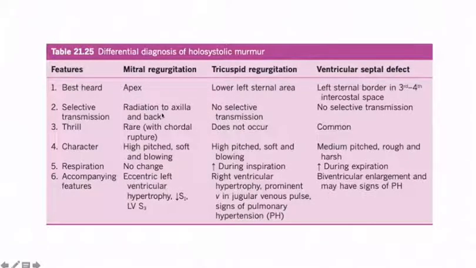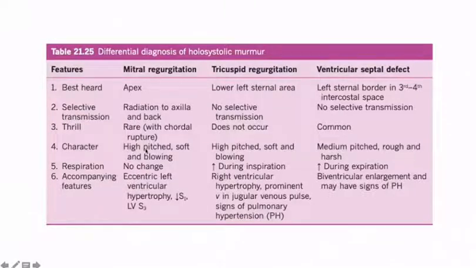Mostly in mitral regurgitation, the murmur radiates to the left into the axilla and to the back, whereas there is no selective transmission in tricuspid regurgitation or VSD. And an associated systolic thrill signifies significant mitral regurgitation. In comparison with all three lesions, thrill is most commonly seen in ventricular septal defect, and it is mostly seen at the left sternal border itself.